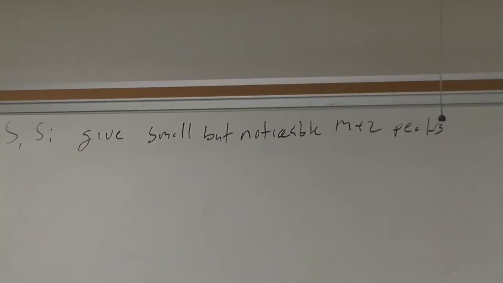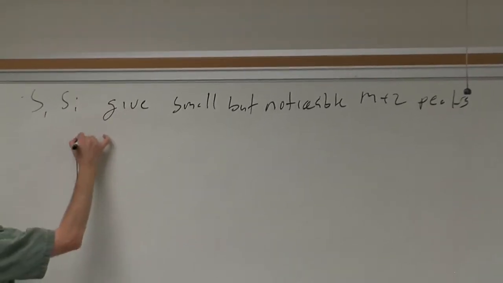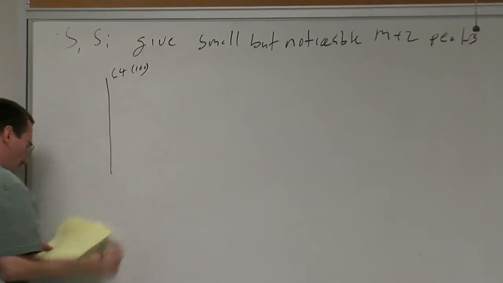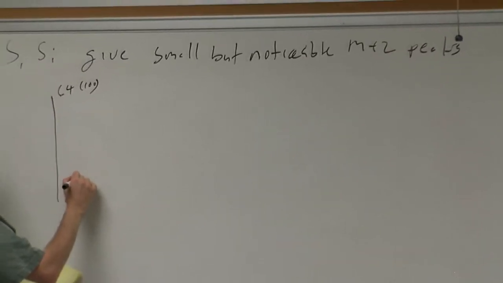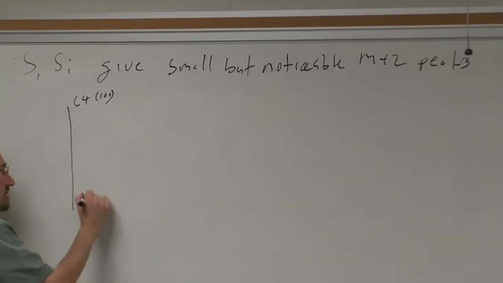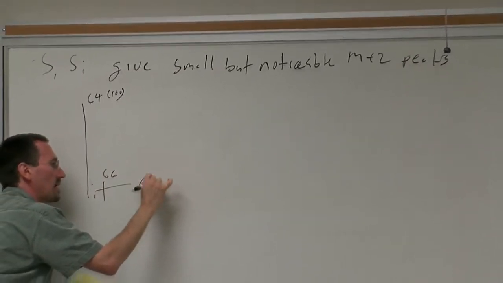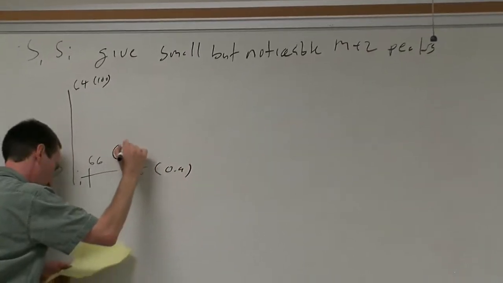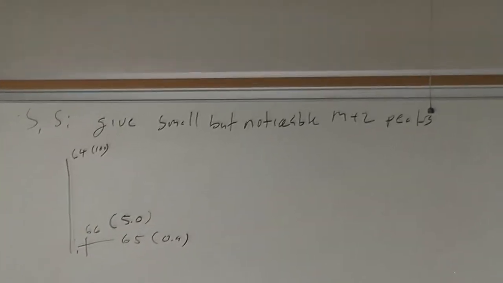I'll make a little sketch here of a compound with a line at 64 of 100 relative intensity, a line at 65. I'll actually offset my drawing on this, and a line at 66. The line at 65 has 0.09. The line at 66 has 5.0.